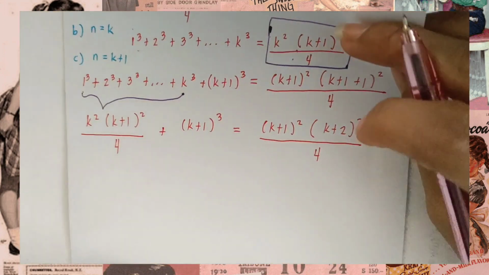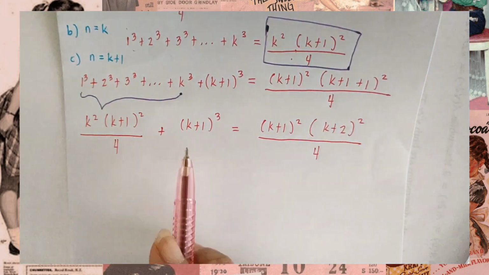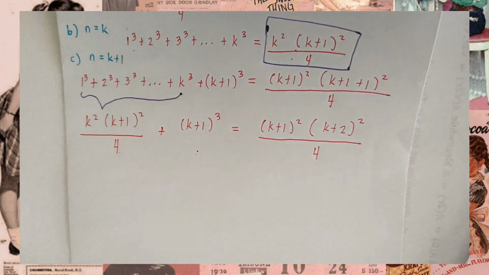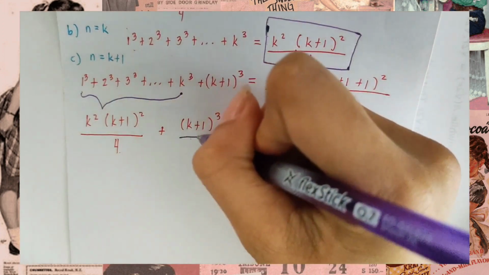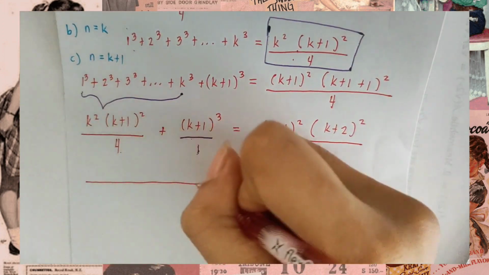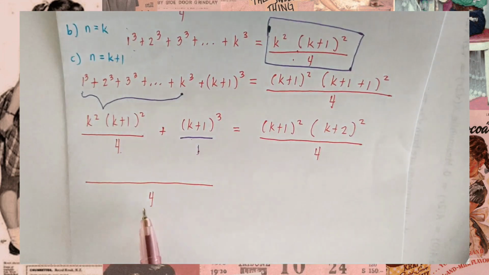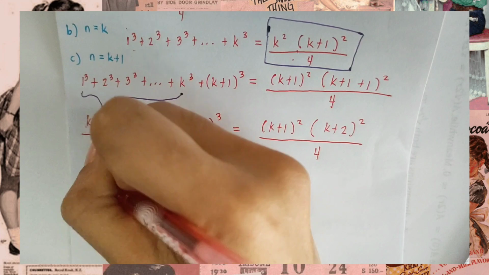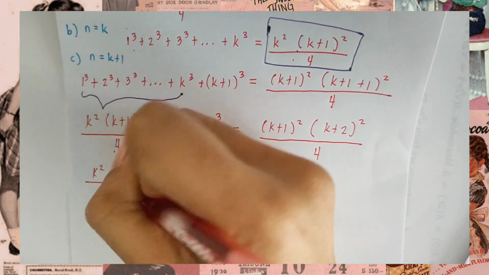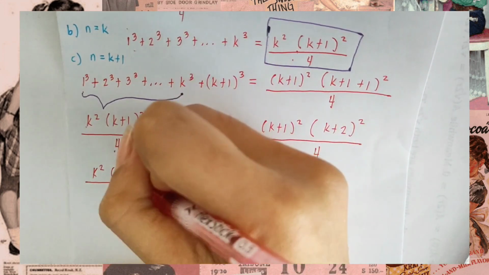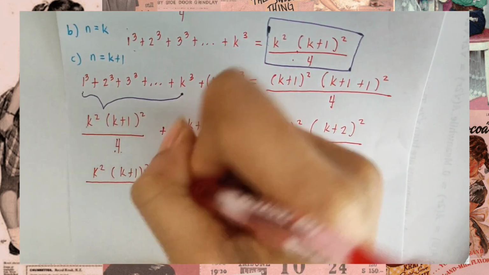Next step, look for the LCD of 4 and 1. We know that there is an imaginary 1 here. And the LCD of both is 4. So we have 4 divided by 4 is 1 times the numerator. So copy k squared times k plus 1 squared.